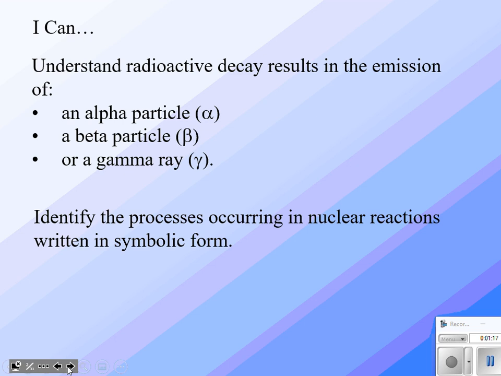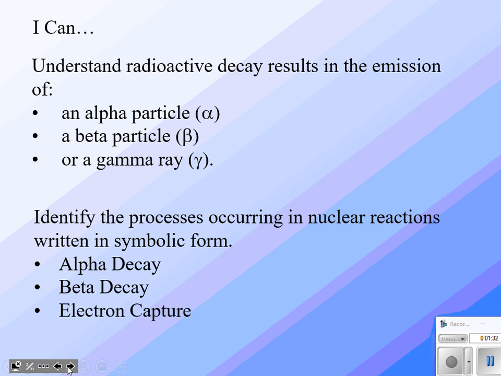And what that just means is written with the chemical symbols, atomic masses, atomic numbers. Okay? I can identify whether it's alpha decay, whether it's beta decay, electron capture, or positron emission. So I can distinguish between those four types of nuclear reactions.